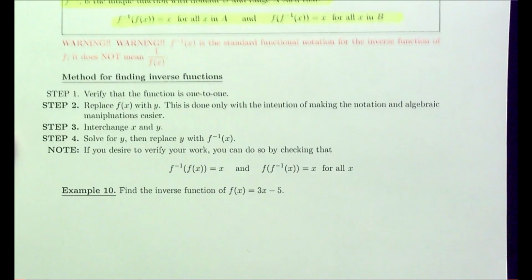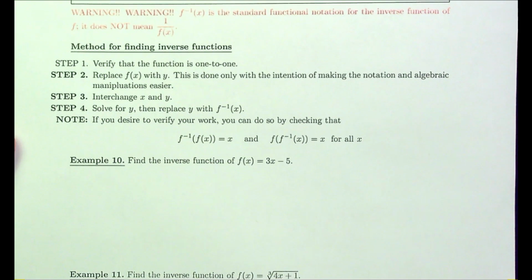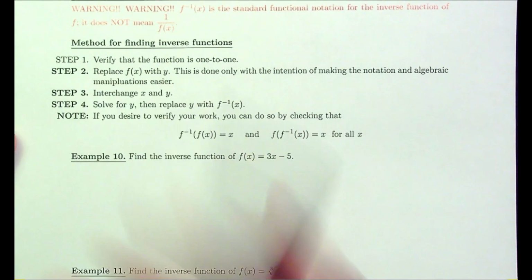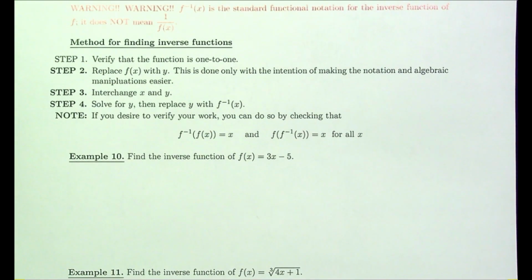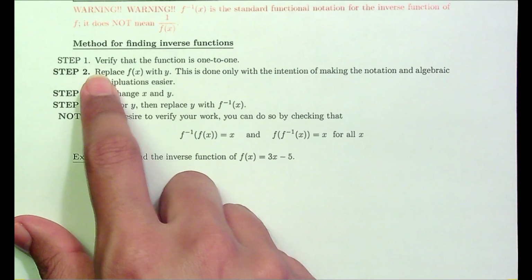All right, finding the inverse function is not particularly difficult. There's a few steps, but these steps work for all functions, regardless of what the original function looks like. There's 4 steps. You don't have to worry too much about step 1.